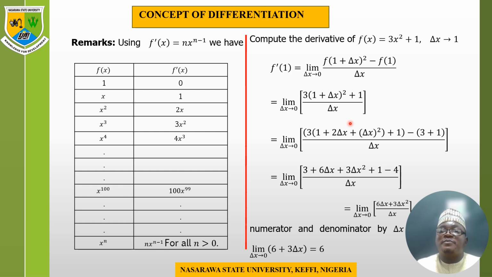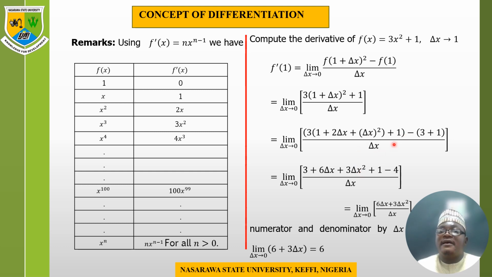Let me go down to this place. It's well explained here. Minus the function f of x, which is 3x squared plus 1. And the value of x, remember, is 1. We substituted here. Coming down here, when you open the bracket, 3 times 1 we get 3, 3 times 2 we get 6. Then 3 times the increment of x all squared, we have this.